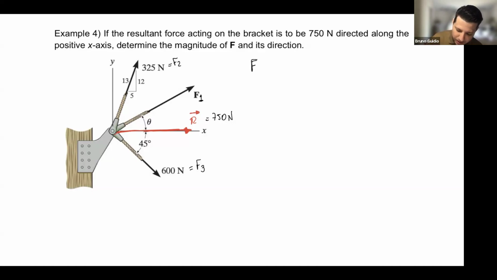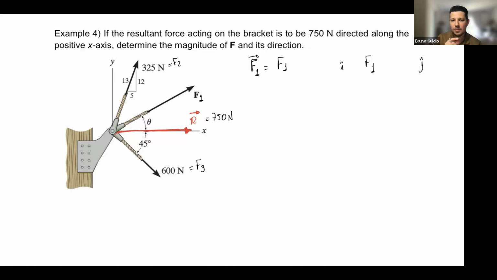We don't know much of it, but we can have some information for sure. F1 vector: what is its magnitude? Well, we don't know. Say F1, I hat, F1, J hat.